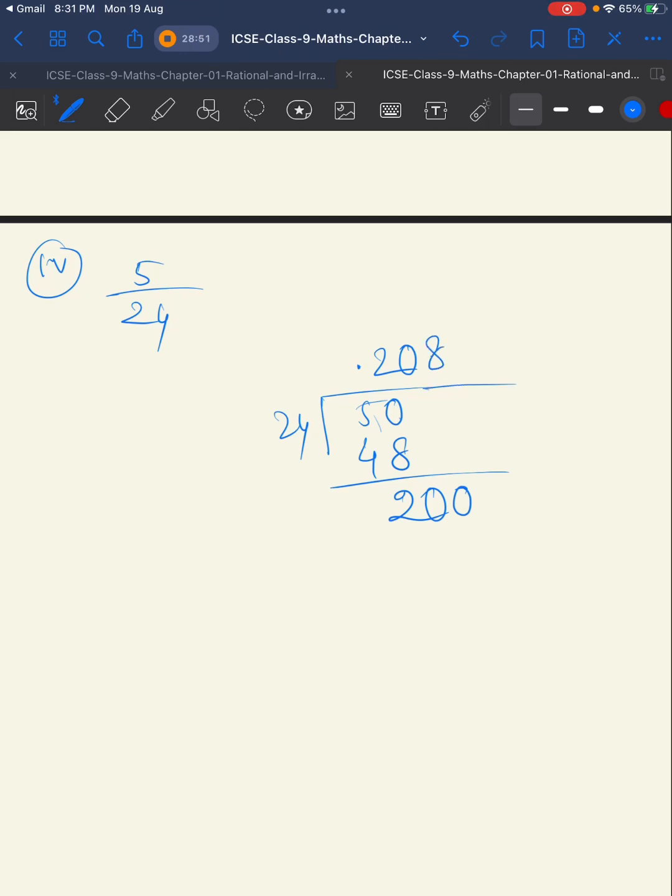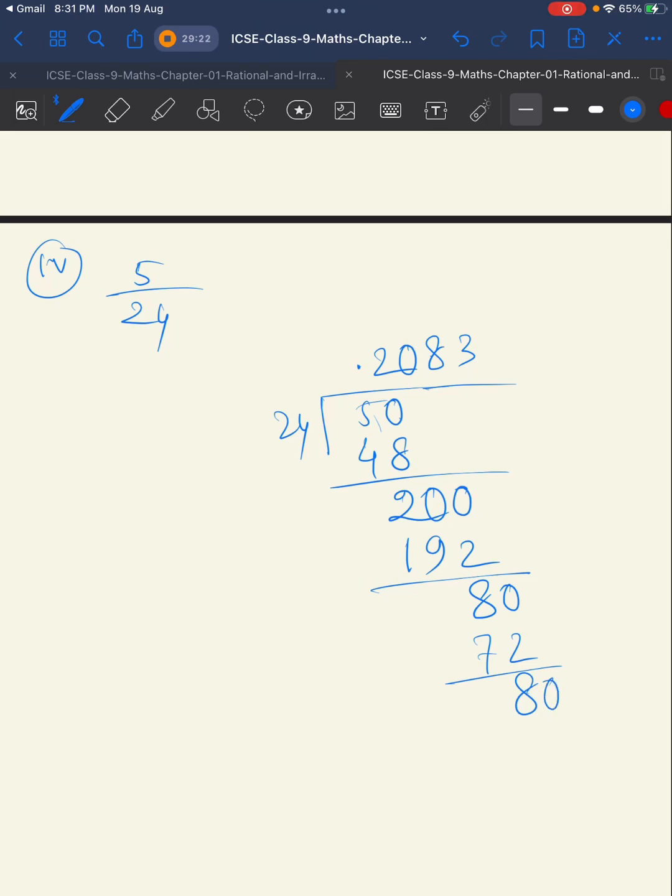Now 24 8s are 192. Now this is 8 and 8 is lesser than 24, so here will be 0 for the point. So 24 3s are 72.